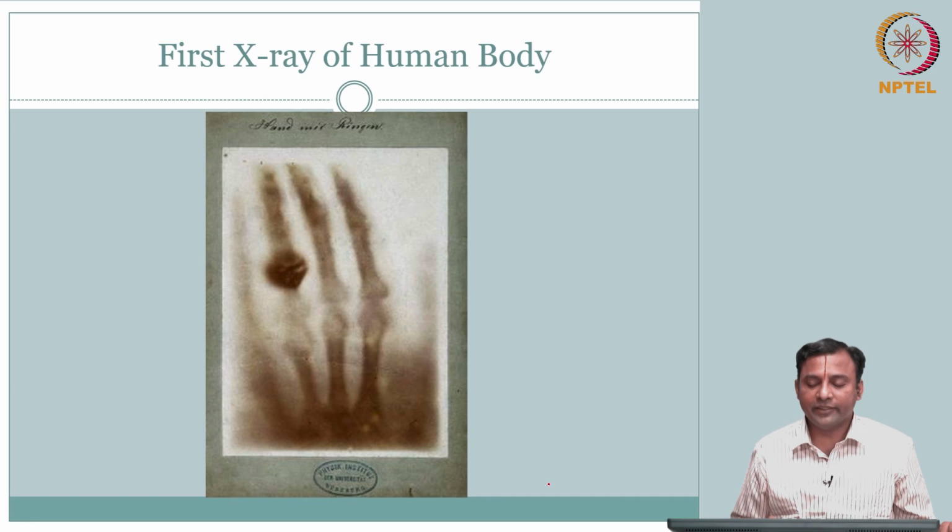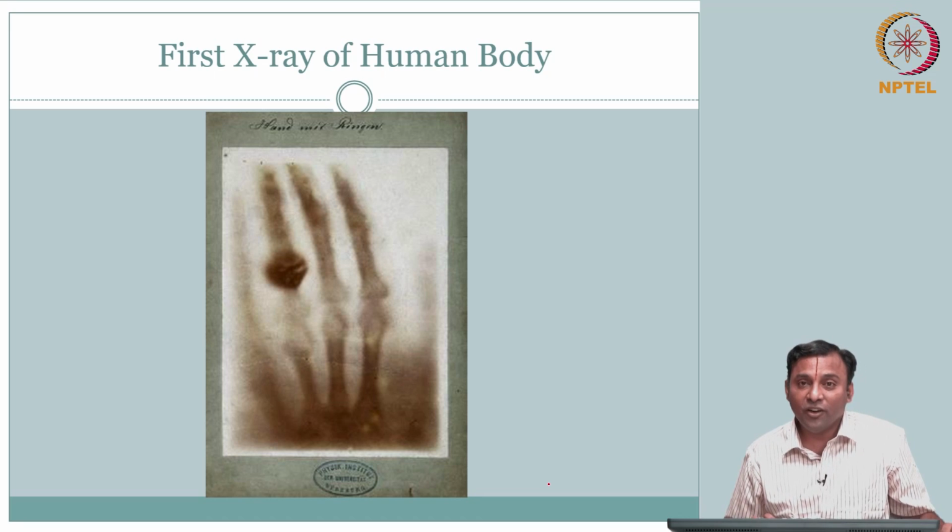Before moving to the next modality, I just want to throw in a trivia kind of question. Several of you would probably have heard about this in a quiz contest or something, but nevertheless it's fun. What is this? By the way, this is considered to be the first medical image.